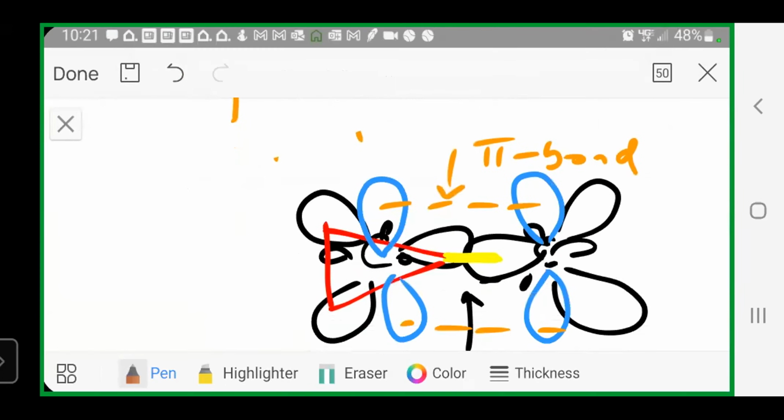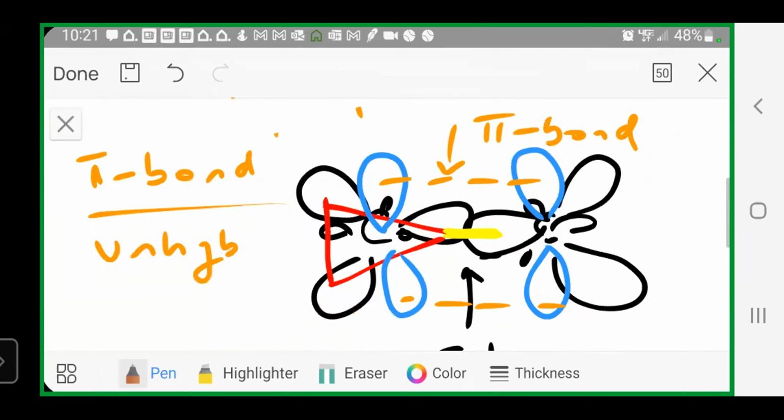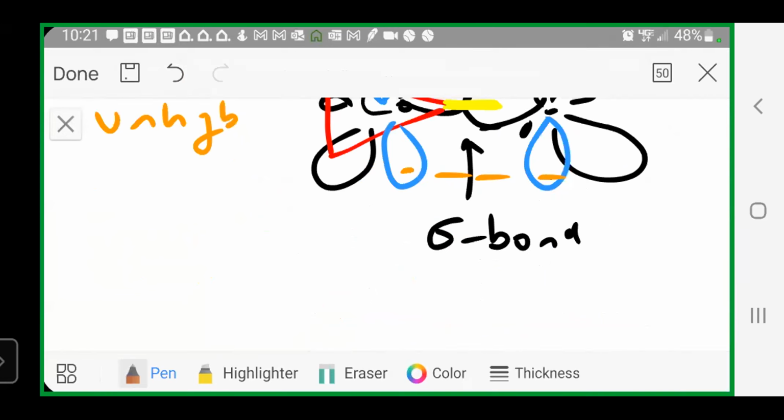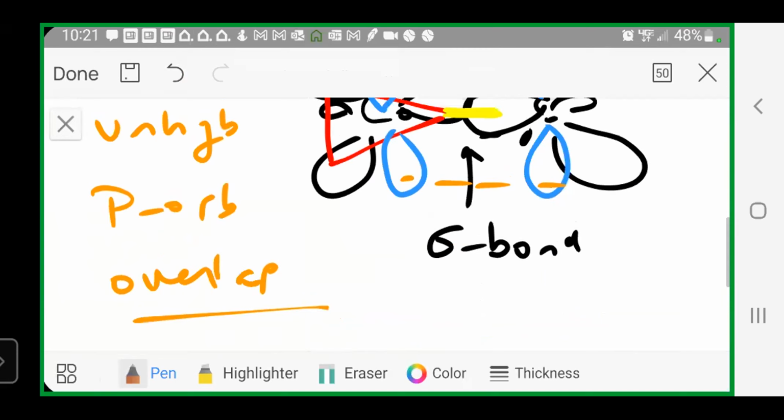So a pi bond is unhybridized p orbital overlap. That's what it results from. Right, so whenever unhybridized p orbitals overlap, you get a pi bond.